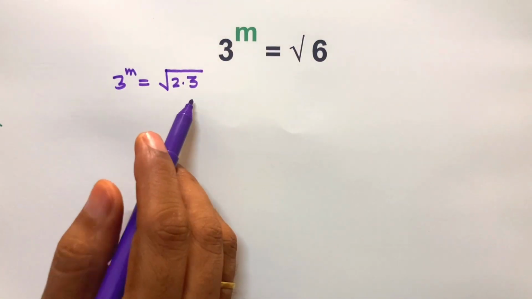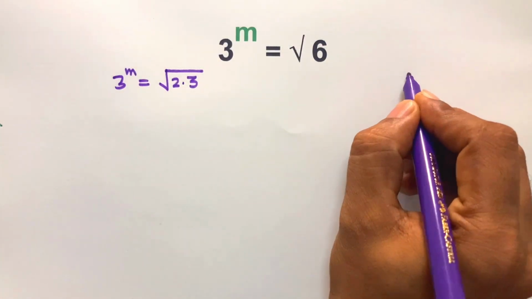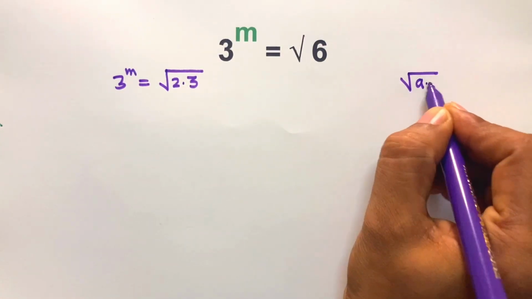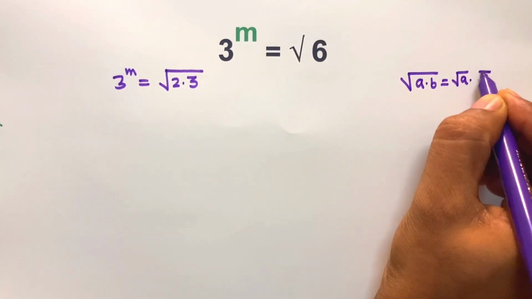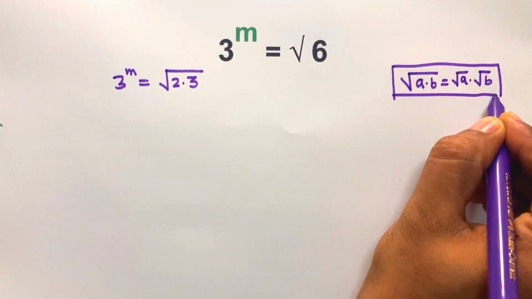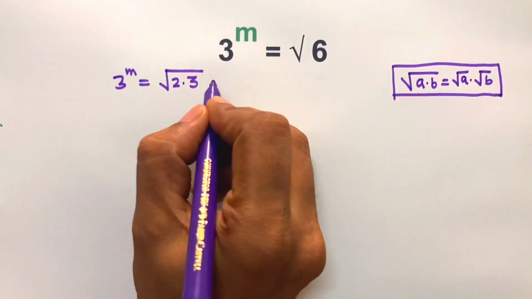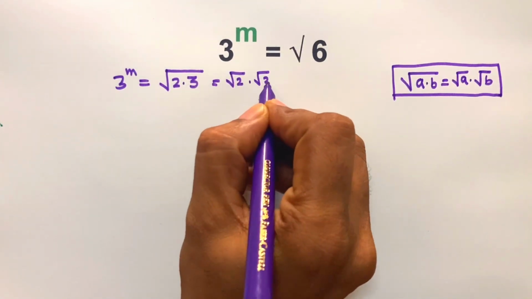Now we are going to use the property of square root, that is square root of a multiply b equals to square root of a multiply square root of b. So this simplifies to square root of 2 multiply square root of 3.